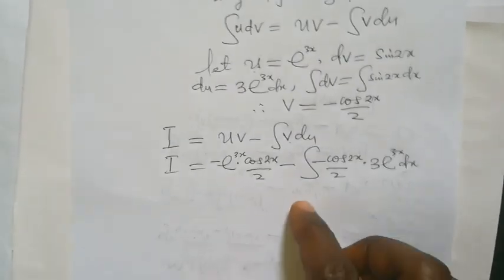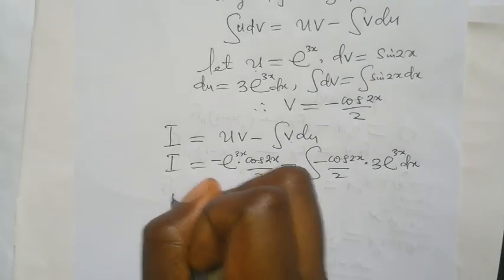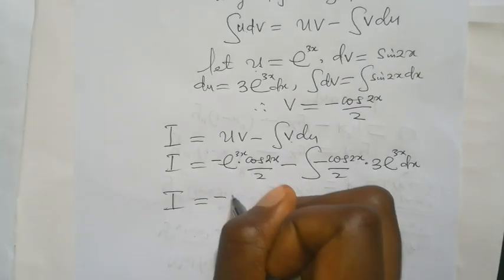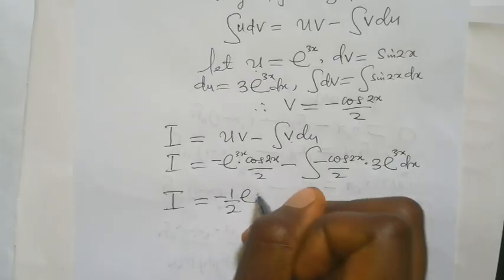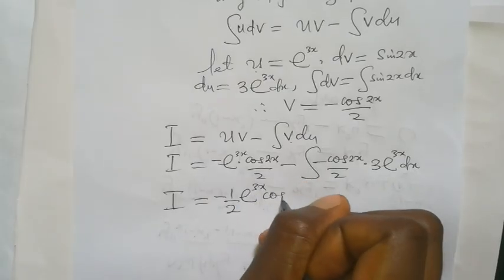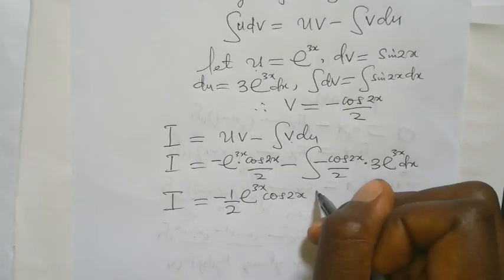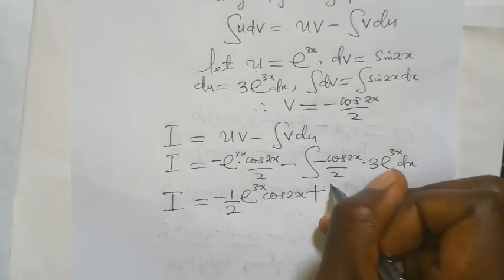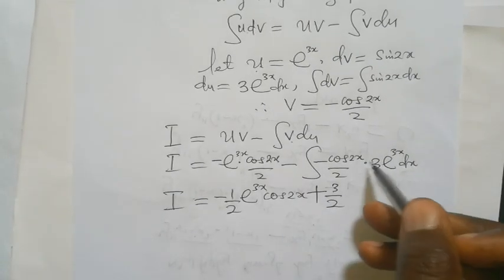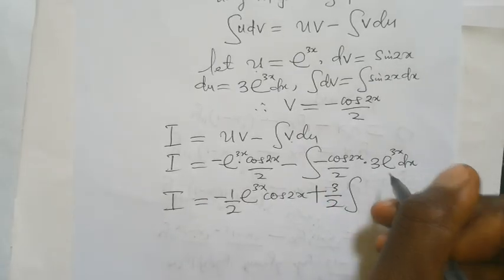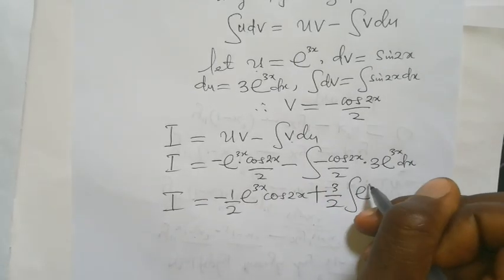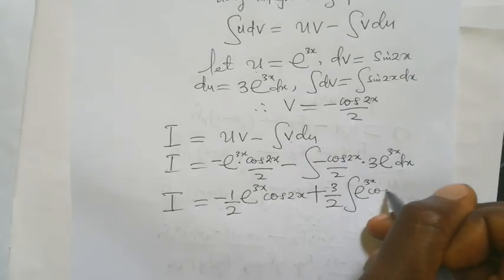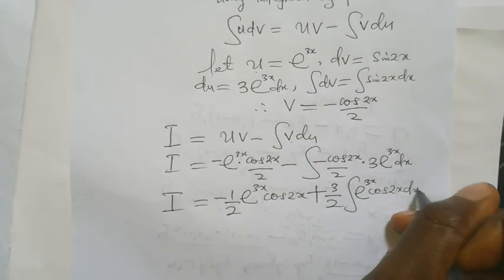You get it? So in that case, we are going to have I is equal to minus 1 over 2 e to the power of 3x cos 2x, minus times minus is plus. The 3 and the 2 can come out, so we have the integral of e to the power of 3x cos 2x dx.